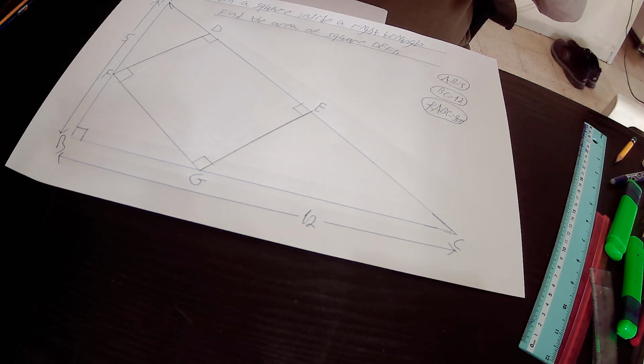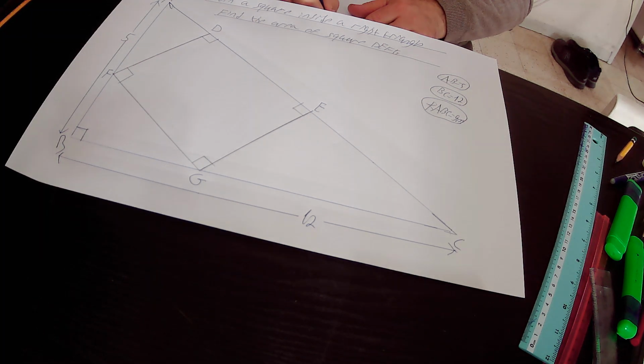So in the right triangle, triangle ABC, here PT is an abbreviation for Pythagoras theorem.